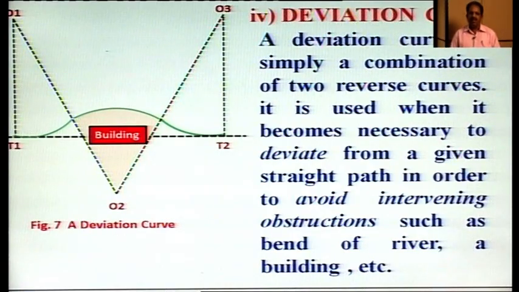That is, we see in our figure, we want to go in a straight path and we have to deviate from our path due to a building coming in our way.